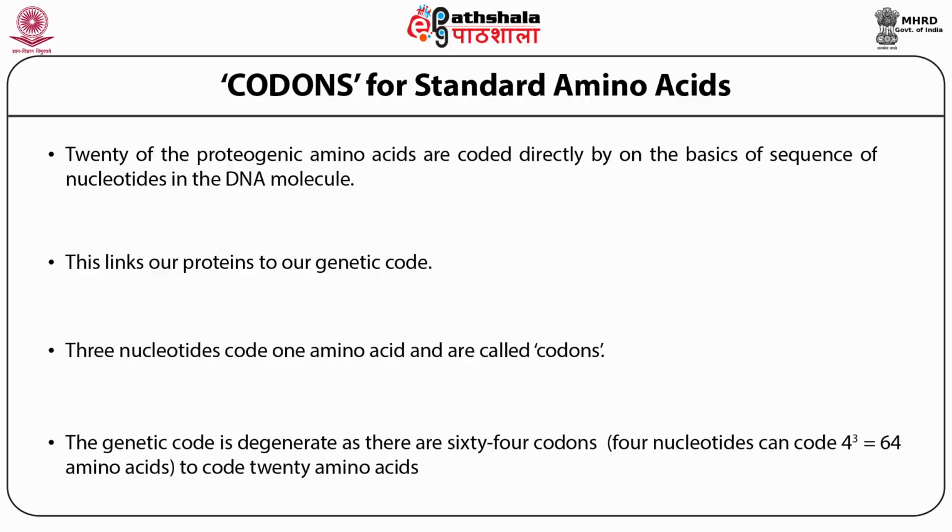Because there are 4 nucleotides, the first position can be taken by 4, the second by 4, and the third by 4. So in total it is 4 to the power 3 equal to 64 codons, but they code only 20 amino acids. So our codons are degenerate.